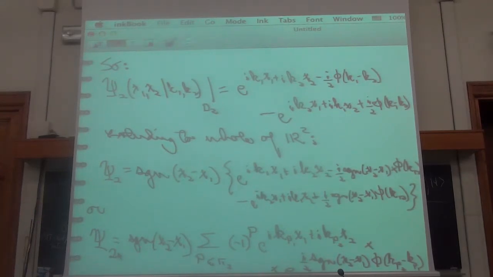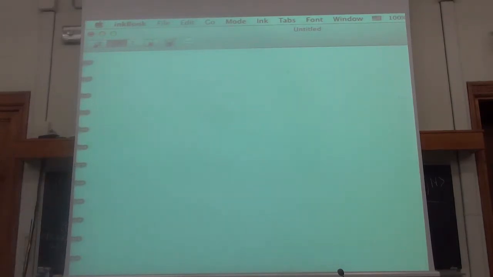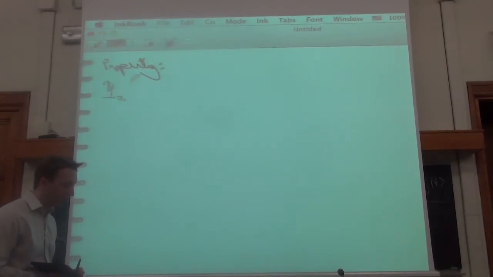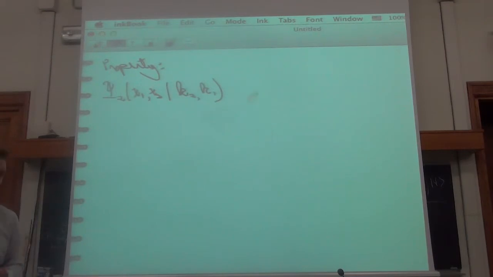Now, there's one property of this wave function which is important. If you take psi 2 of x1, x2, and then you do k2, k1, then this is minus psi 2 of x1, x2, k1, k2.